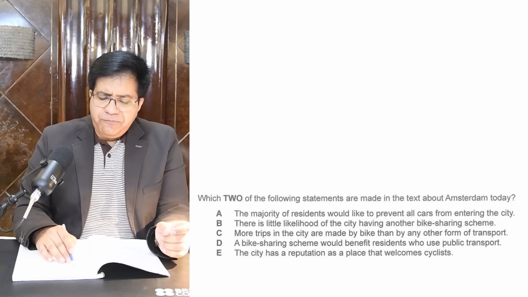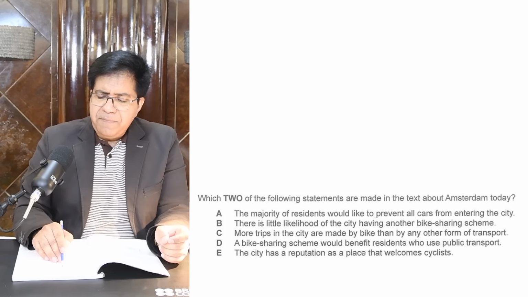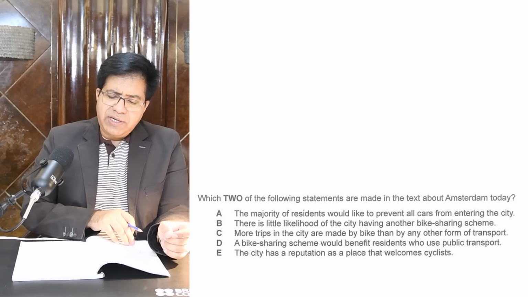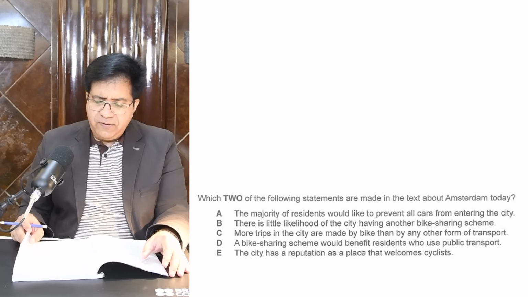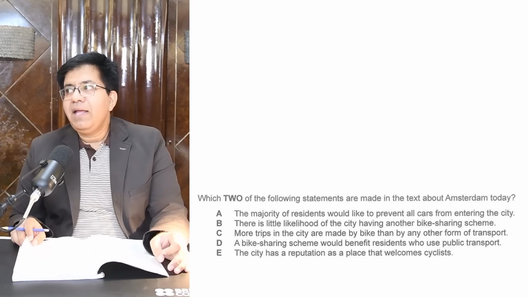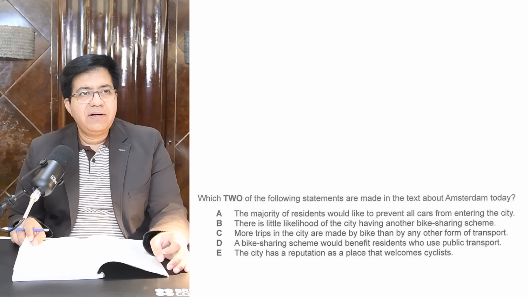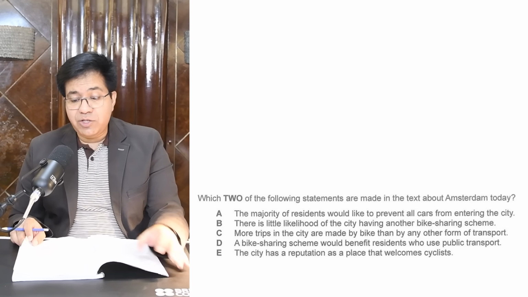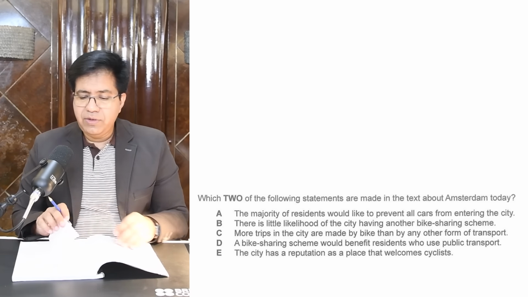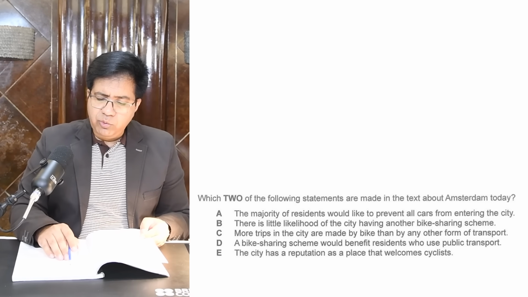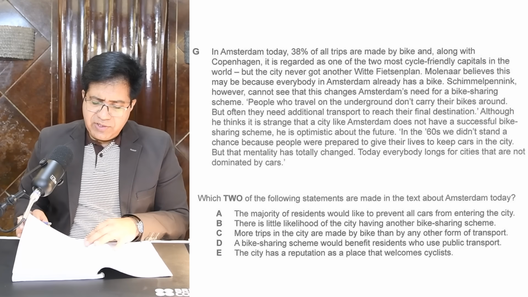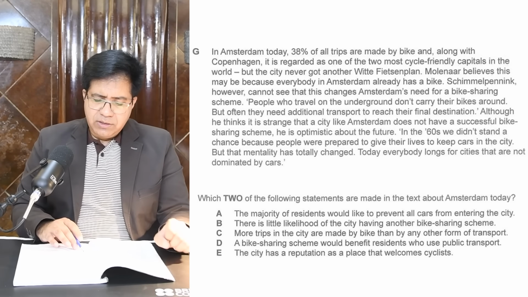Which two of the following statements are made in the text about Amsterdam today? Look for Amsterdam today. Paragraph G. So both answers will come here, right? 2 points. Again, two statements about Amsterdam today. Let's read it.